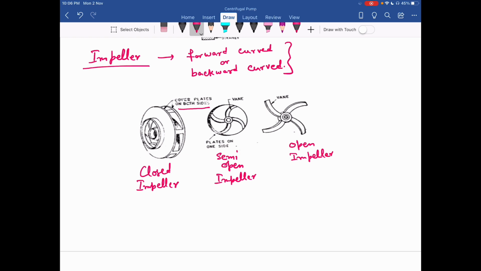Okay, so it is an impeller without cover plate. You can say this is an impeller without any cover plate.